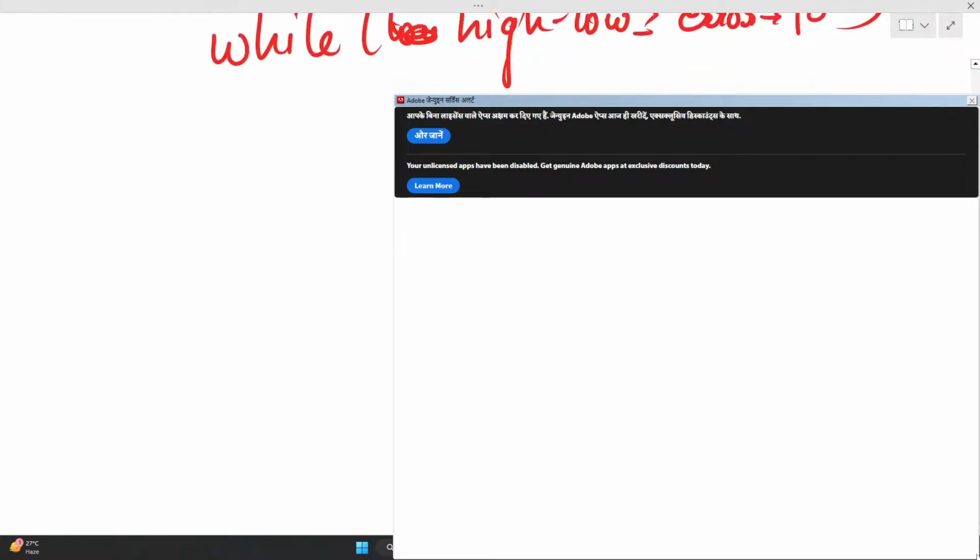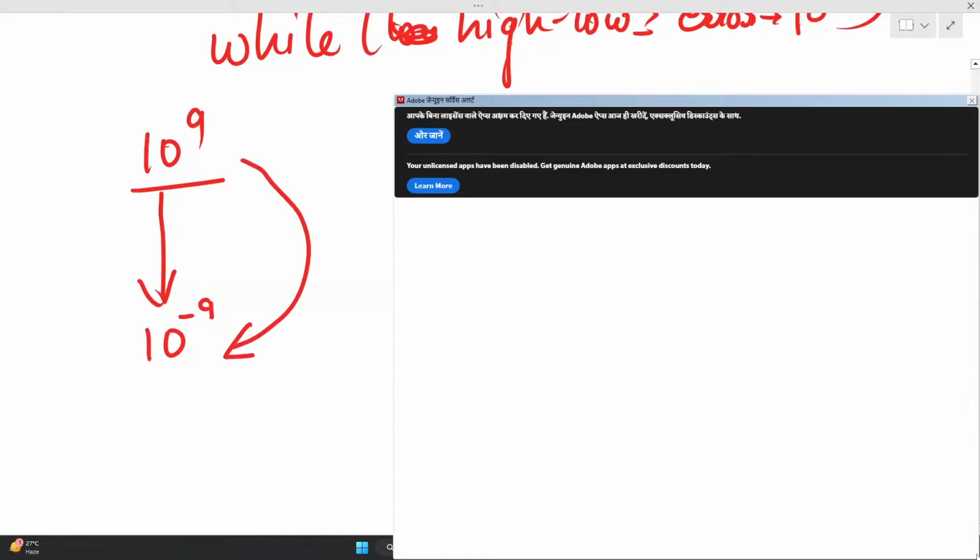Let's say our original range was 10 to the power 9, the length of the complete range, and we want to make our range 10 to the power minus 9. So what is the factor by which my range got decreased? What is the factor?